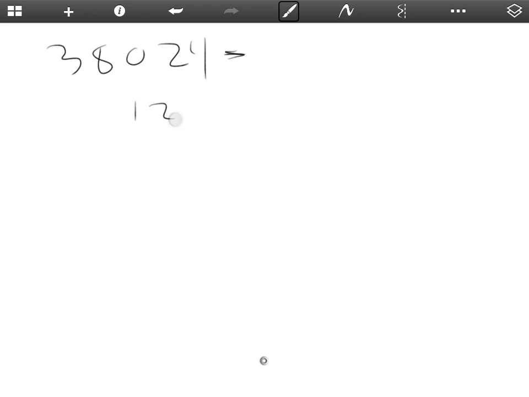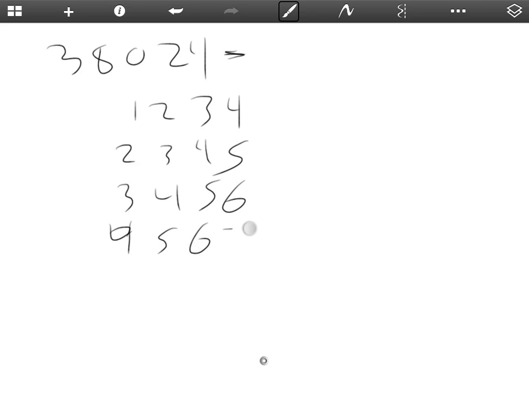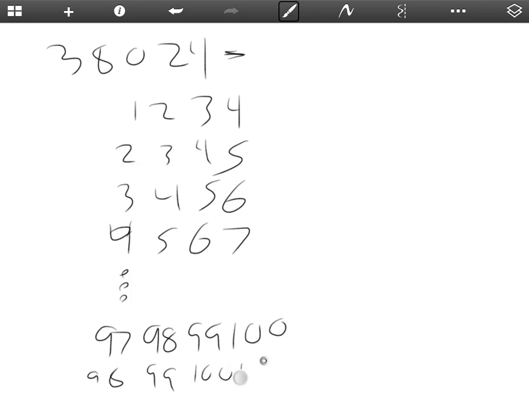So let's just count out the duplicates that we know of. 1, 2, 3, 4, 2, 3, 4, 5, 3, 4, 5, 6, 4, 5, 6, 7, all the way up to 97, 98, 99, 100. Is 98, 99, 100, 101 possible? No. Even though it's a k through k plus 3, it's not even possible because you can't have 101. So there's this many duplicates.